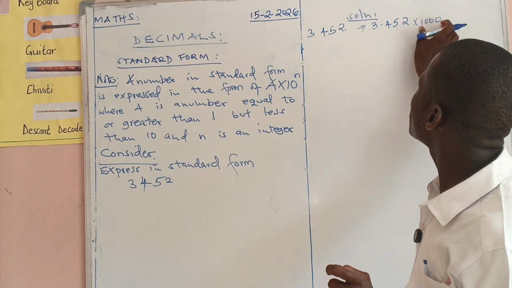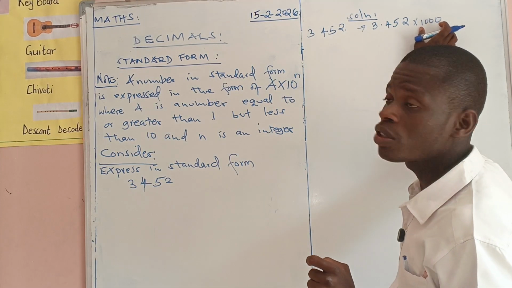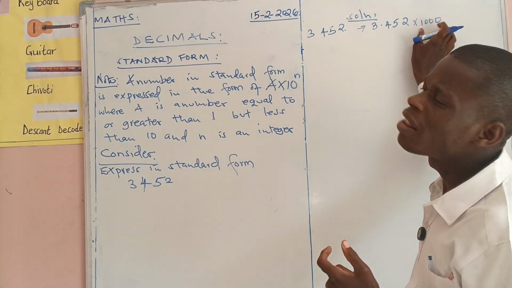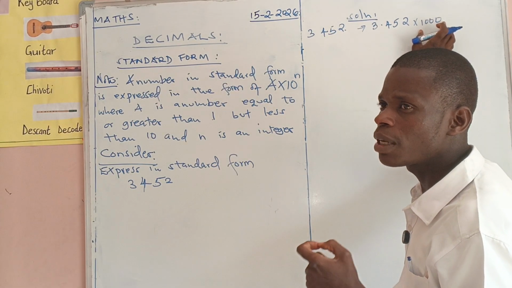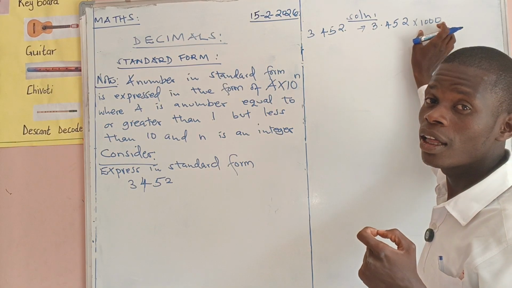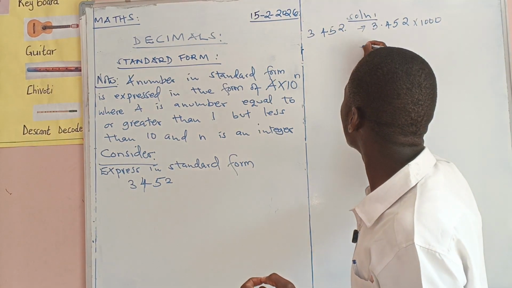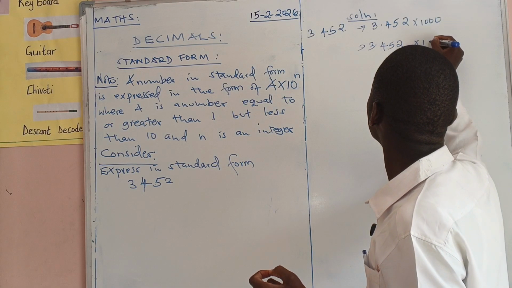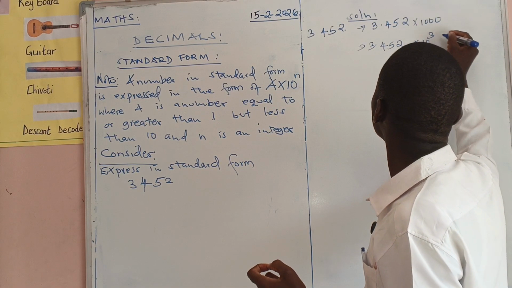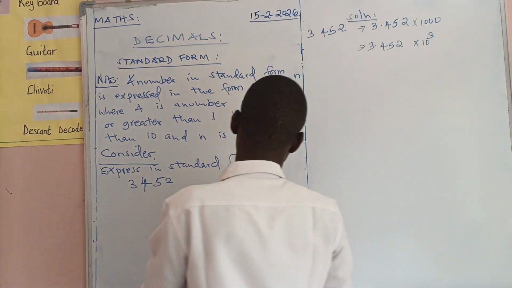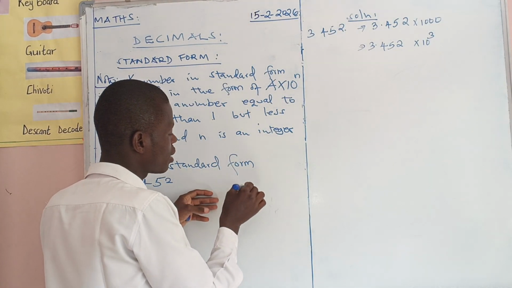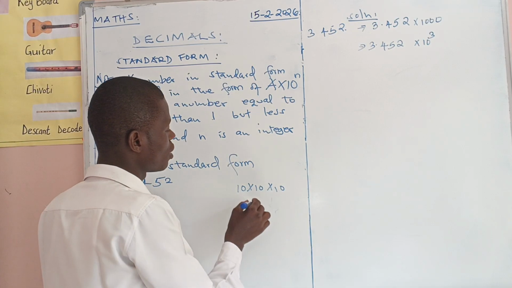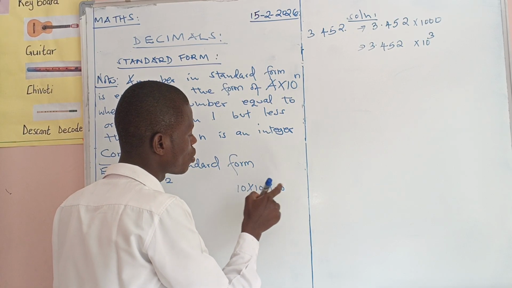The next step: I have to express this 1,000 as a power of 10. So 1,000 is 10 times 10 times 10, which is 10 raised to power 3. So this can be written as 3.452 times 10 raised to power 3. 10 raised to power 3 is 10 times 10 times 10, as we did in index form: 10 multiplied by itself 3 times.